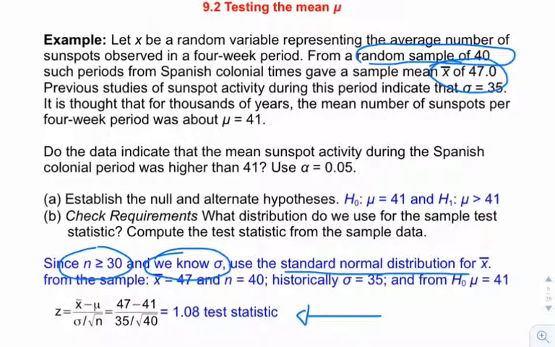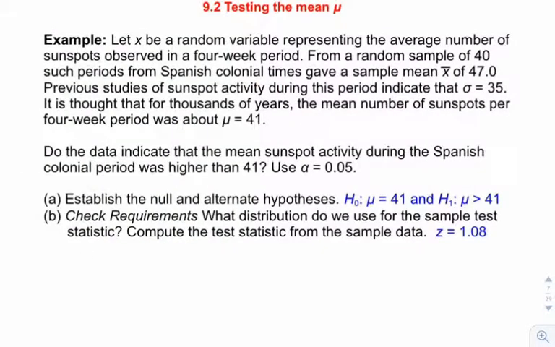And then sigma was the population standard deviation we were given, and our sample size was 40. So our z-value, our test statistic, is 1.08. Okay, so our z is 1.08.